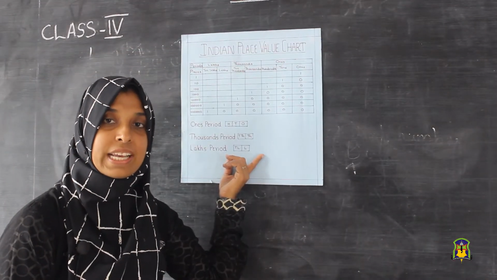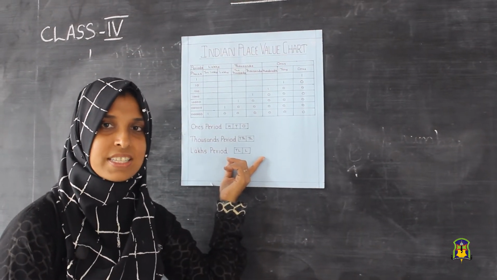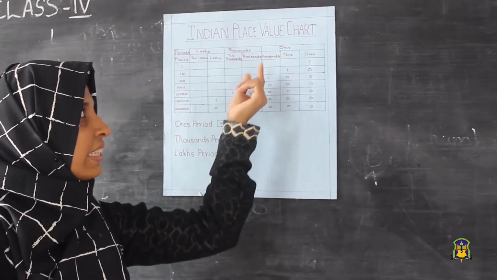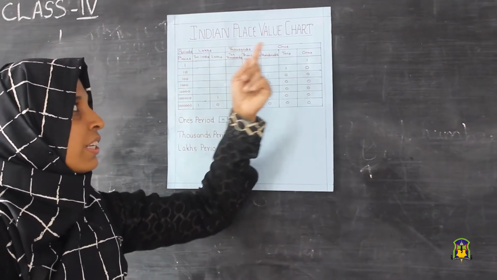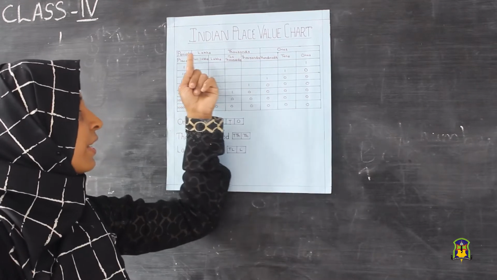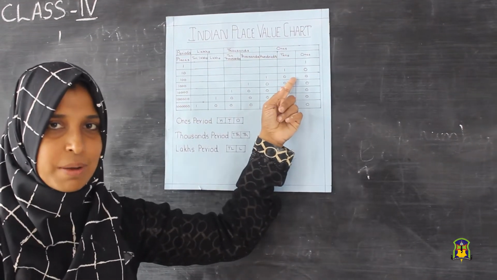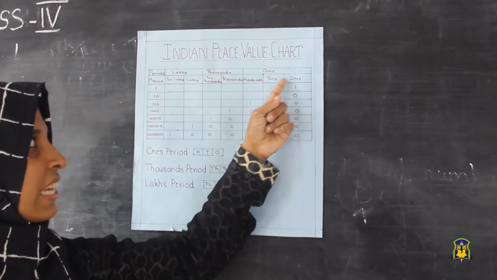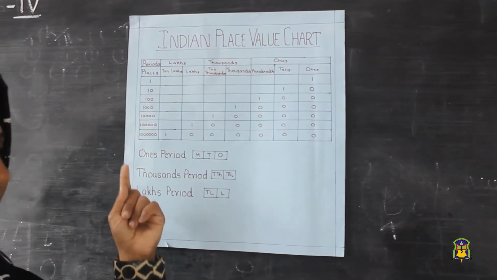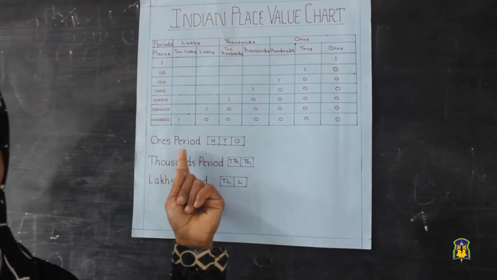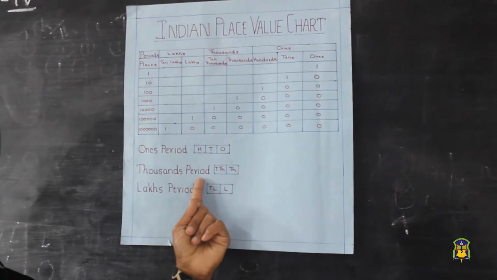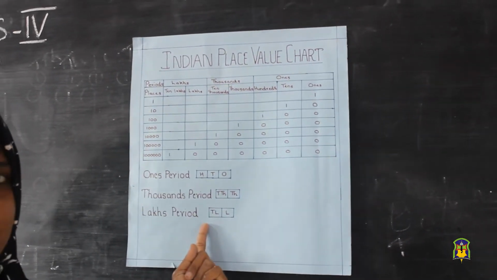For reading and writing large numbers, we are dividing these places into 3 groups called periods.